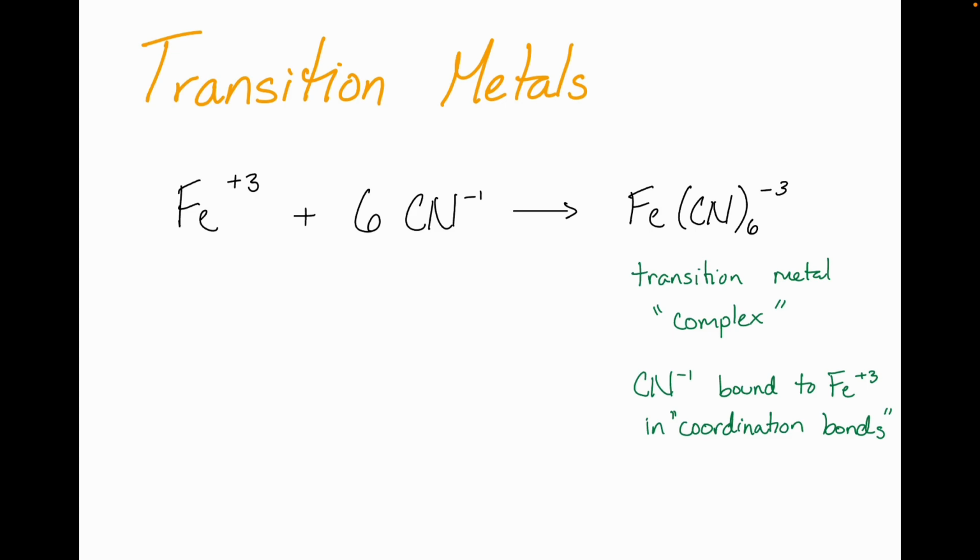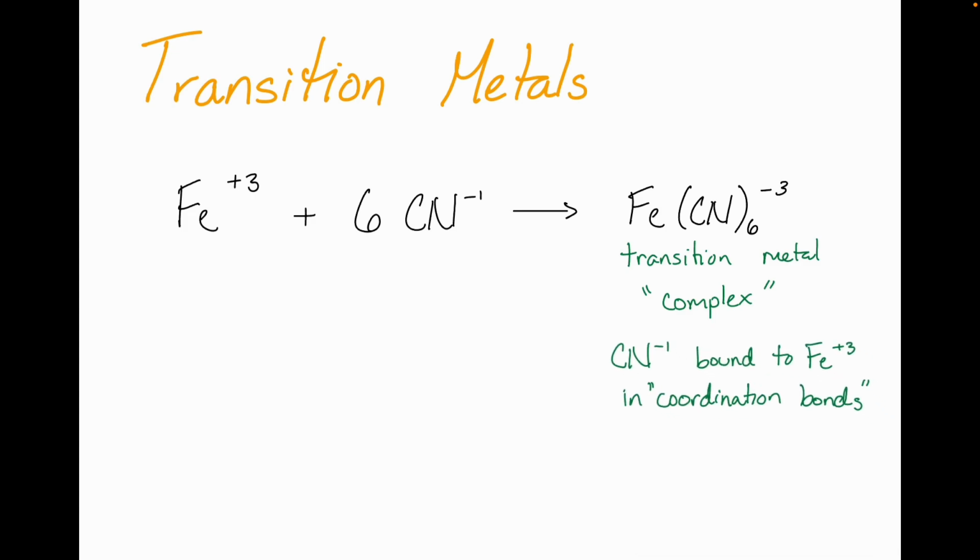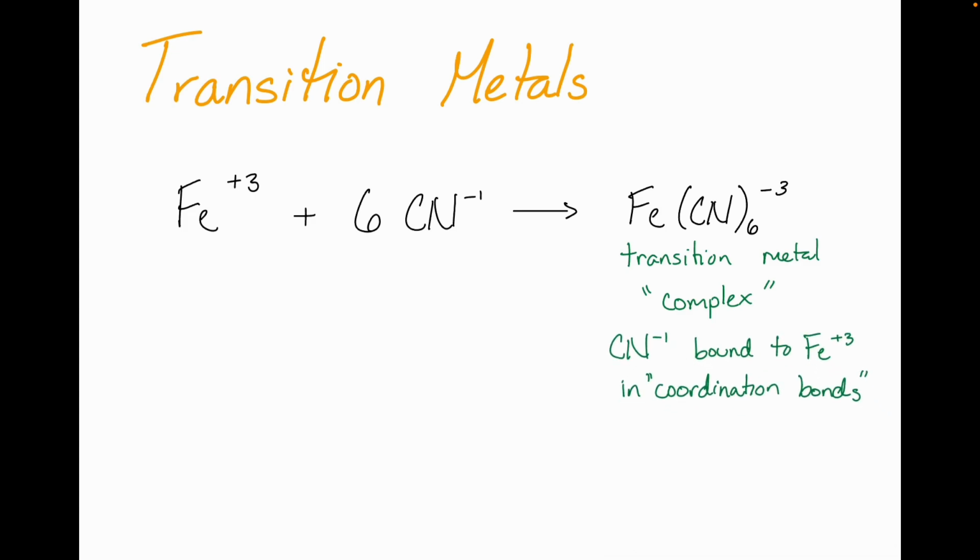All right, so these transition metals, they form complexes. These complexes, in this case, have these cyanide ions bound to these iron ions. But these bonds are this special type of bond called coordination bonds.